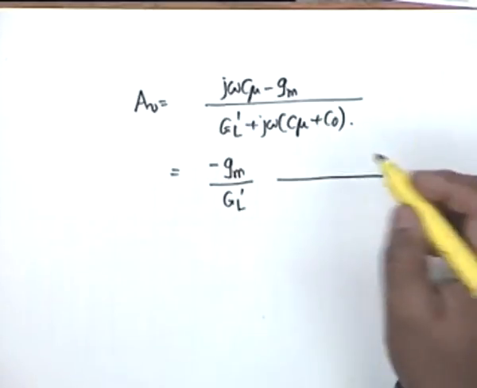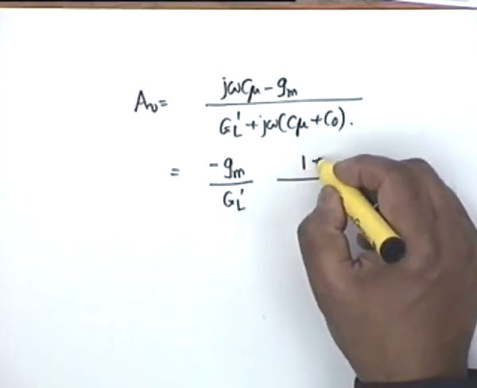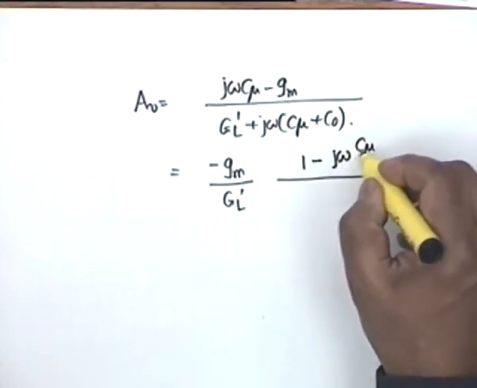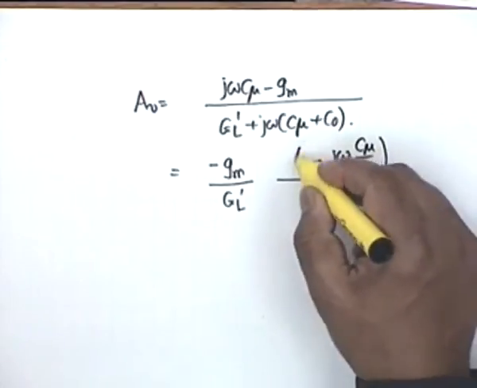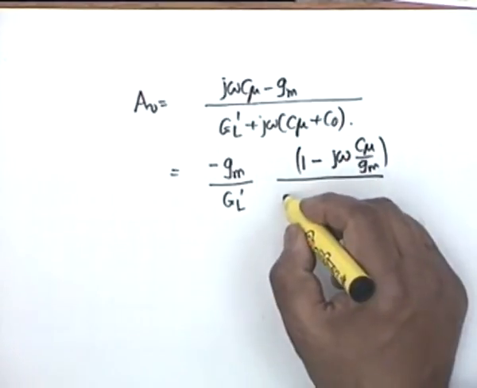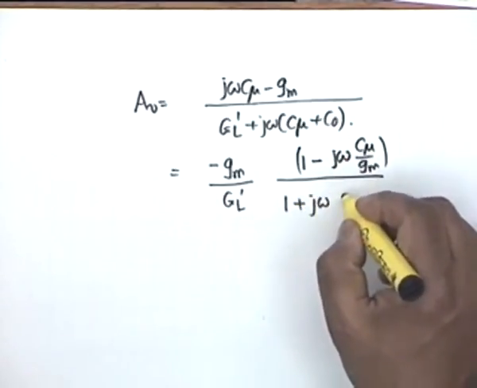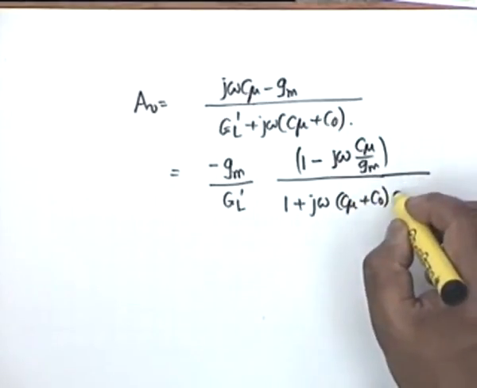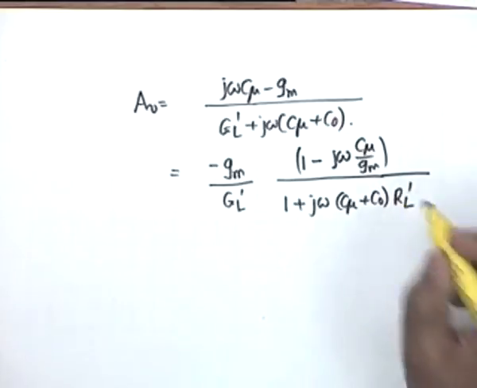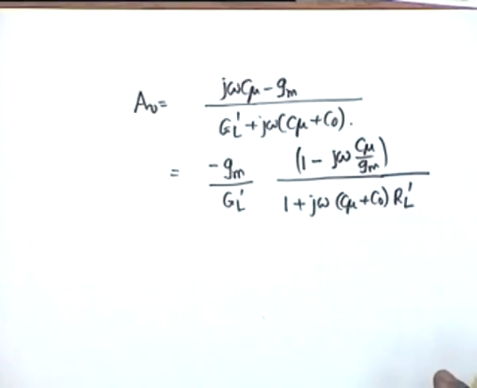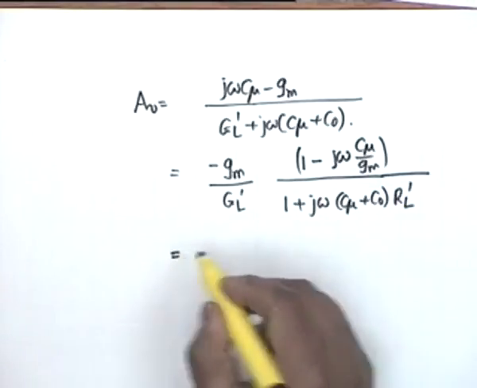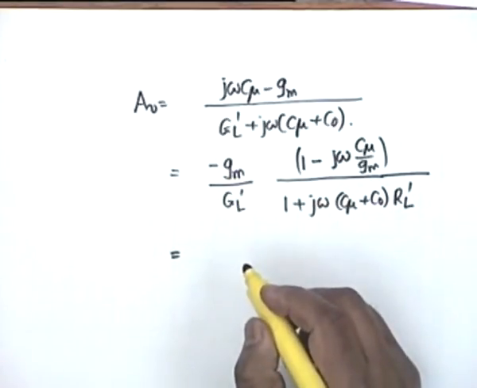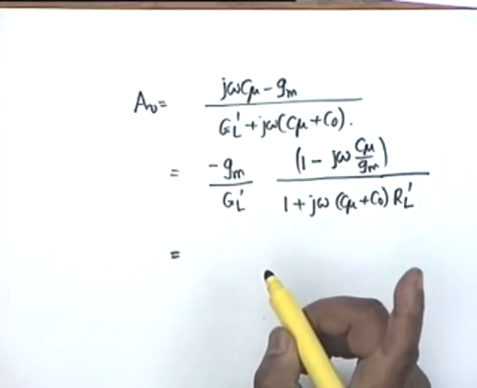What shall I get here? (1 minus j omega C mu by gm) divided by (1 plus j omega (C mu plus C0) multiplied by RL prime). What is this quantity? Minus gm RL prime. This is the mid band voltage gain.